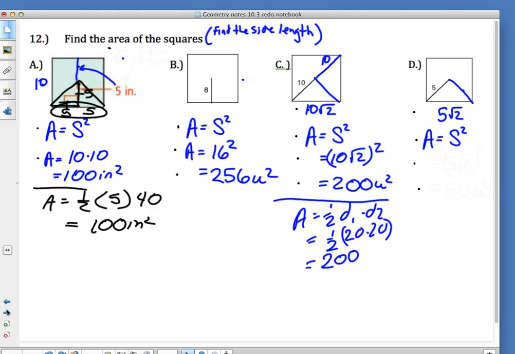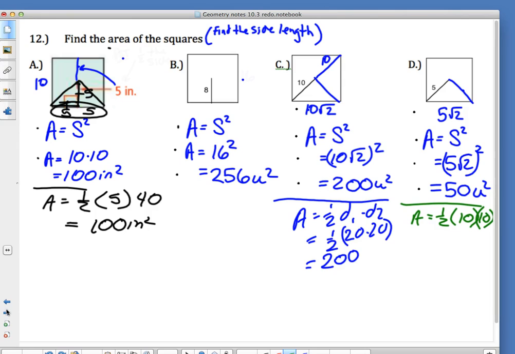And if I do it this way, this is 5 square root of 2, side squared, 5 square root of 2, hey, it's 50. But if I go area is equal to 1/2, because my diagonal is 10 and my other diagonal is 10, that's 100 divided by 2, which is also 50. So my answer should be 50, however way I do it. If I have any other values, I've got to make sure I change that.